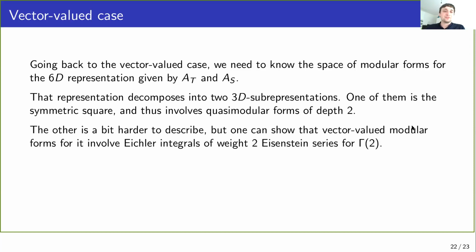The second three-dimensional representation is a bit more complicated to describe, but I think it's easier to solve in a sense. In any case, it involves the other type of generalized modular objects that I mentioned today, which is Eichler integrals of weight 2 Eisenstein series for gamma 2. I gave you an example of an Eichler integral of E4. Now you have to go to weight 2 Eisenstein series, and for that you just have to take primitive ones.